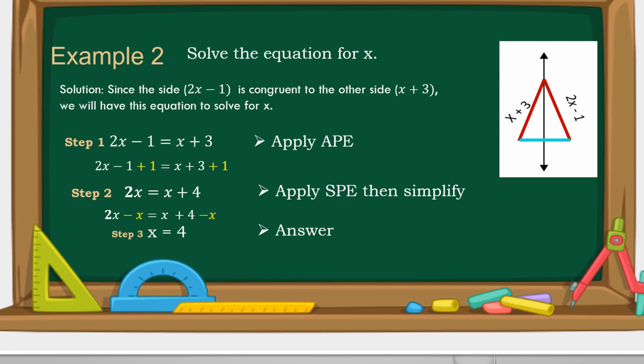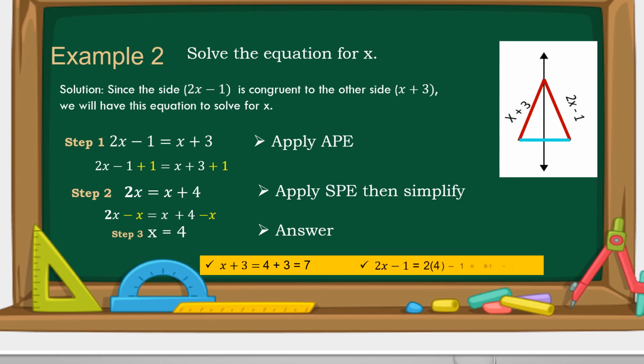Now, let us check if x equal to 4 is really correct. From x plus 3, we substitute 4 for x, so we have 4 plus 3, that is equal to 7. And for the other side, we have 2x minus 1.